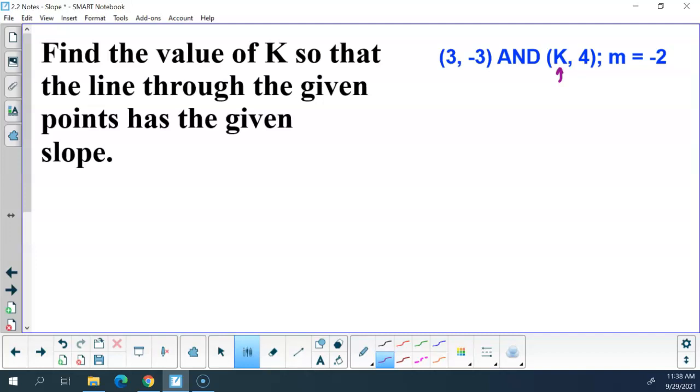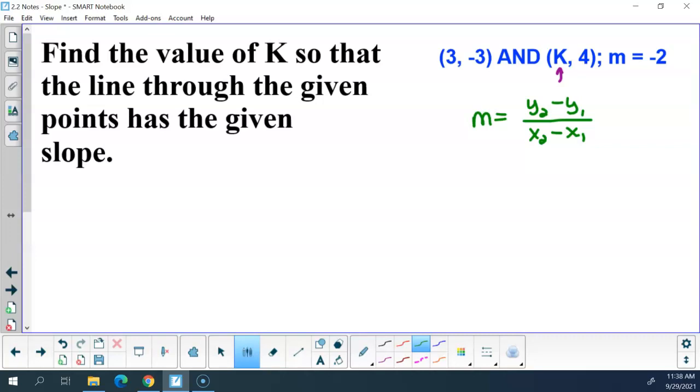So that's what this problem is asking. And so I would start with the slope formula between 2 points. And so now we know some things.